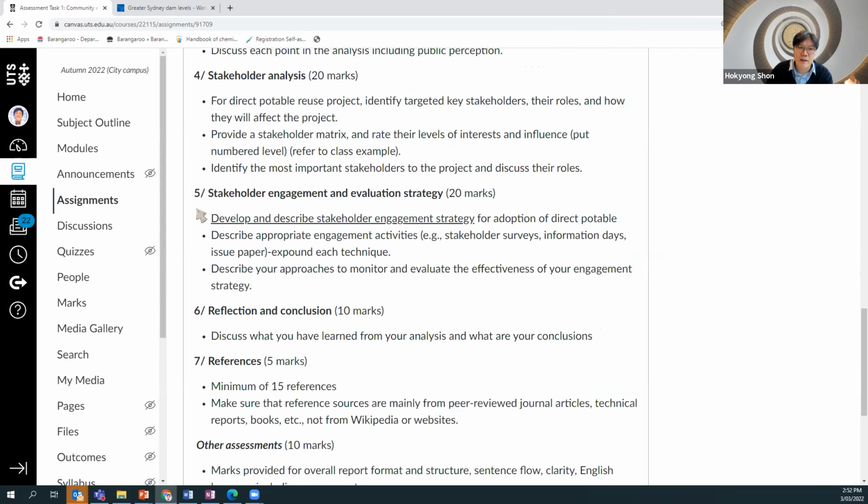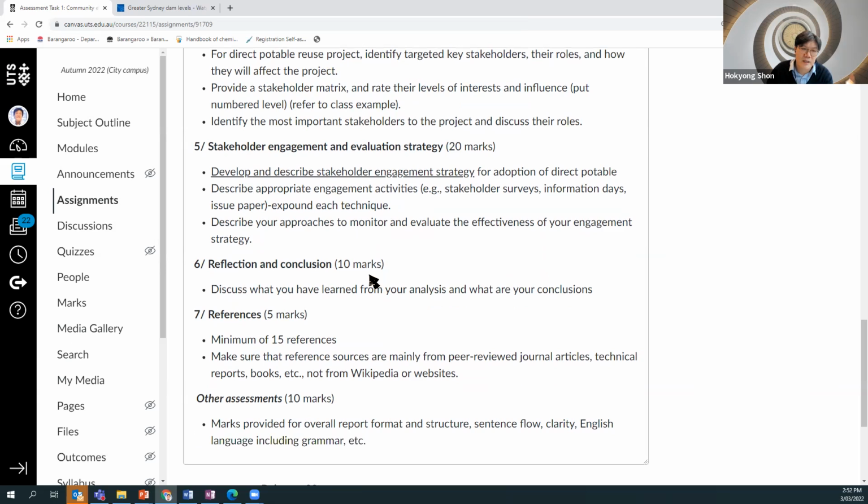And stakeholder engagement evaluation strategy: develop a stakeholder engagement strategy for adoption of direct potable use and describe the appropriate engagement activities. Describe your approaches to monitor and evaluate the effectiveness of your engagement strategy.